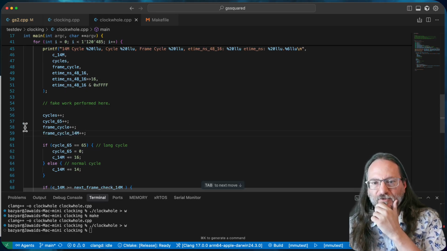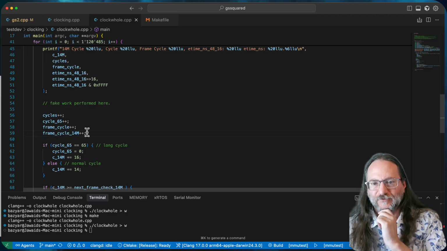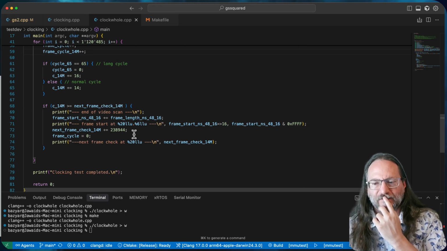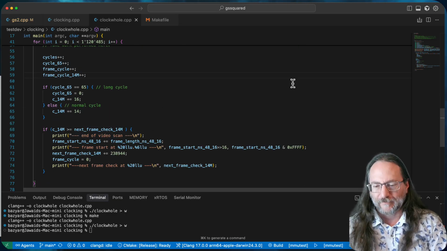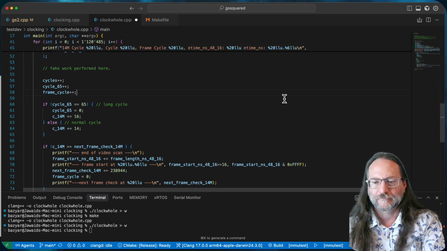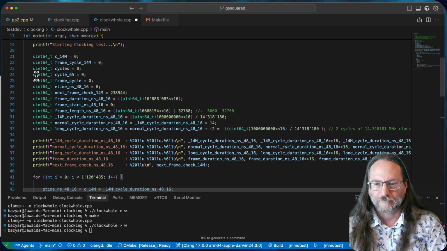Of course, at this point, we have a number of increments here. Rather than increment this, I could keep track of, oh, I could just subtract them when I need to print or utilize. Let's do that.